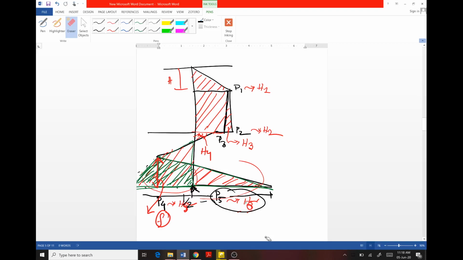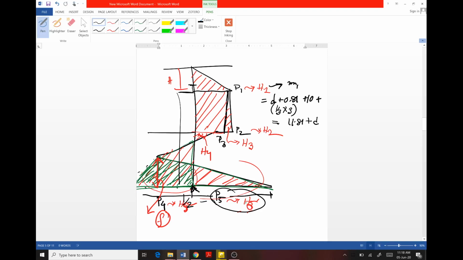Now the lever arm corresponding to the horizontal force H1, M1, will be d plus 0.81 plus 10 plus 1/3 of the total height, so that sums up to 1.81 plus d.